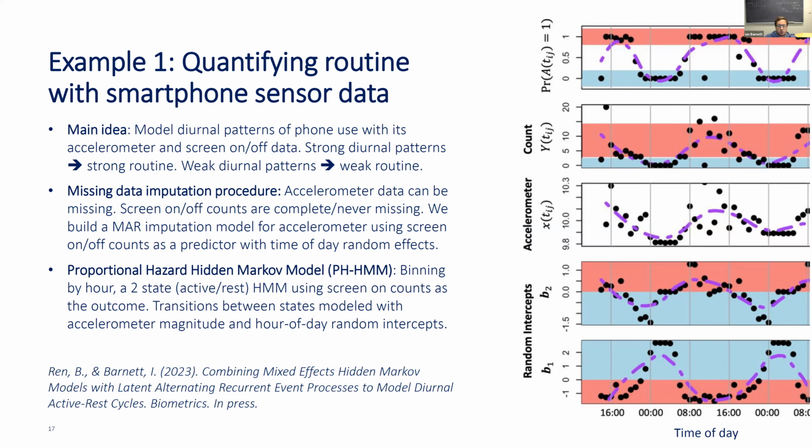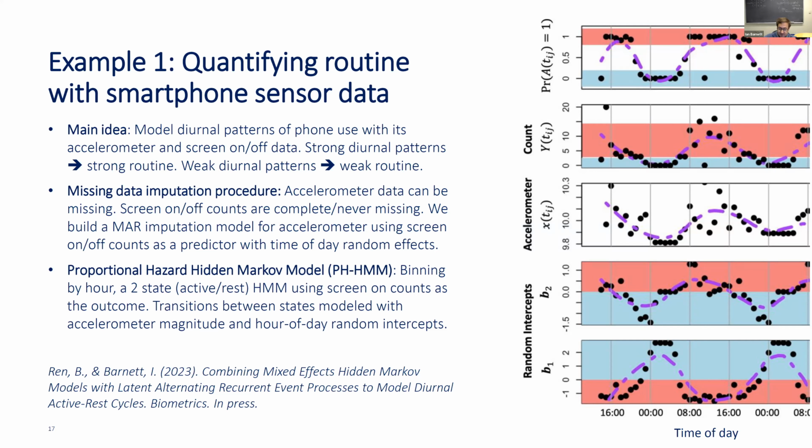So this is what we've done here by, for example, if we look at screen activity, phone on, phone off, and accelerometer data. What's nice about screen activity is that it is never missing. If there is a long period of time with no screen activity, that's what we call a true zero. It's not missing. If there was no phone activity recorded, you were not interacting with the phone.